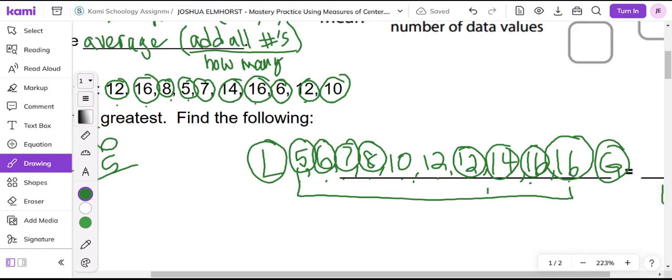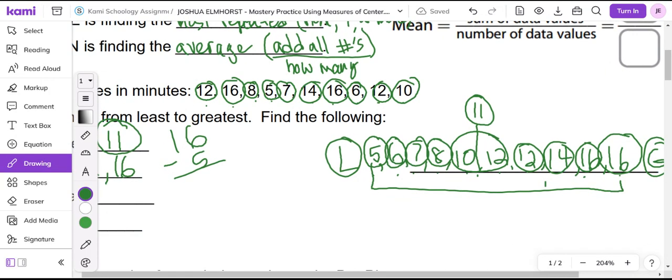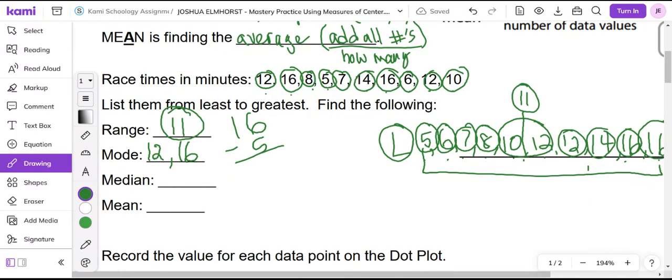If you get to the middle, there's 5 on the left, 5 on the right. You're going to circle the middle 2 numbers because there's an even number, and then you have to find what number goes between 10 and 12. What's the median value split? It's going to be 11.